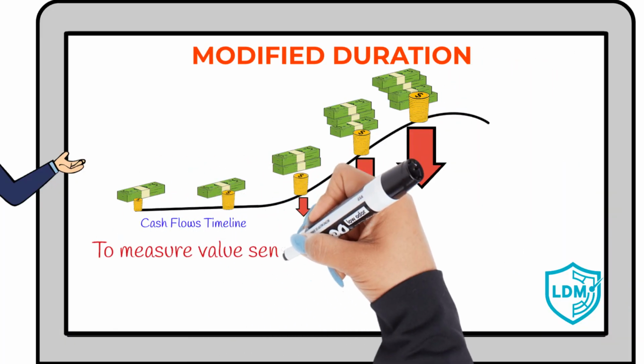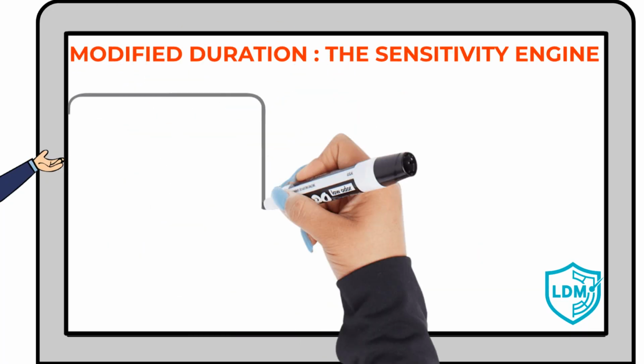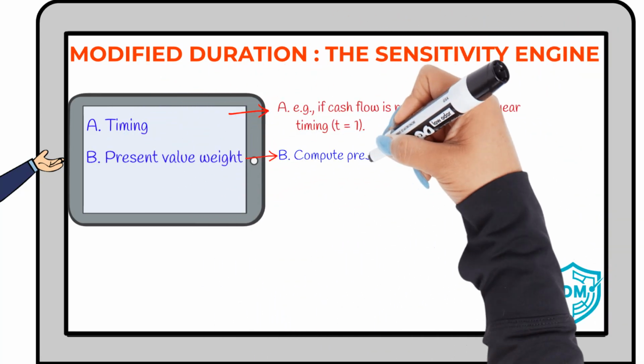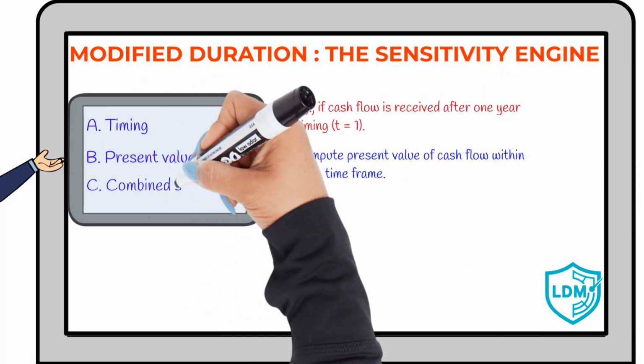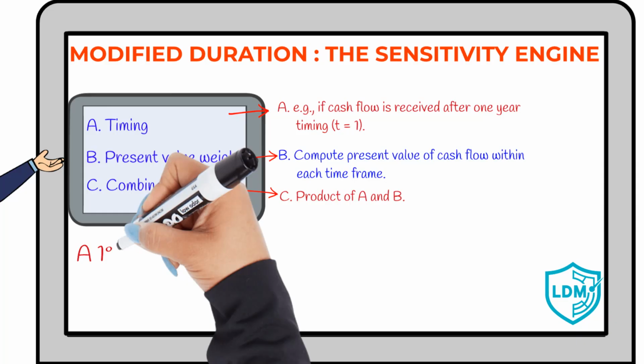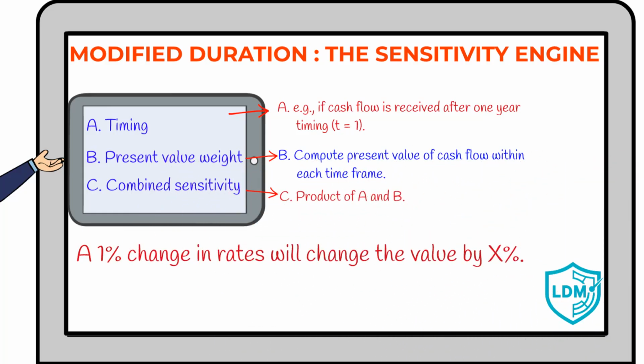To measure value sensitivity, we use modified duration. The formula is simple in concept. Take the timing of each cash flow, weight it by its present value, and combine them into a single sensitivity number. The result tells you a 1% change in rates will change the value by X%.